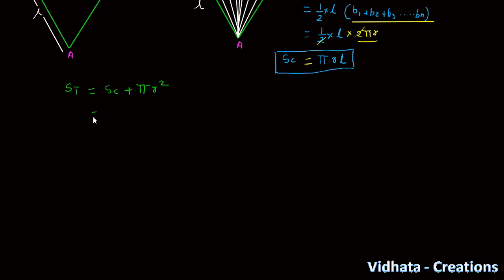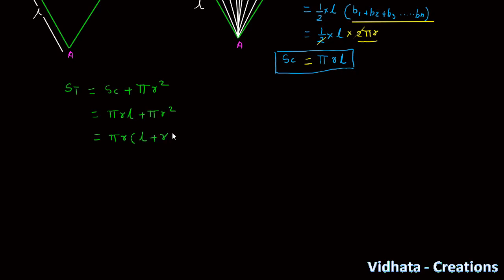Thus, ST will be equal to SC, which you have already calculated, pi r l, plus area of the bottom circle, pi r square. Thus, we get pi r, which we take common, and what is left in the bracket is L plus r.